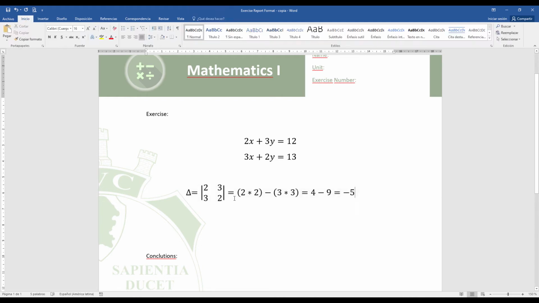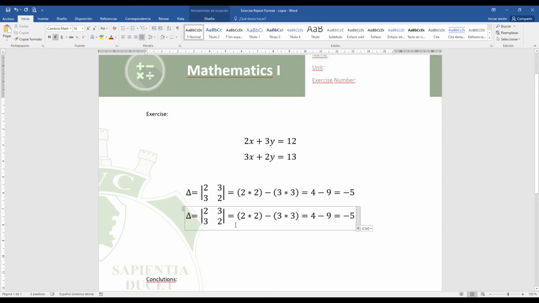Now I will copy that to fill the delta x, so I need to erase the values here. To calculate delta x, you need to use the values of the right side of the equation.